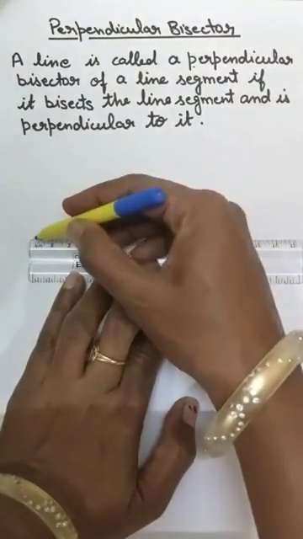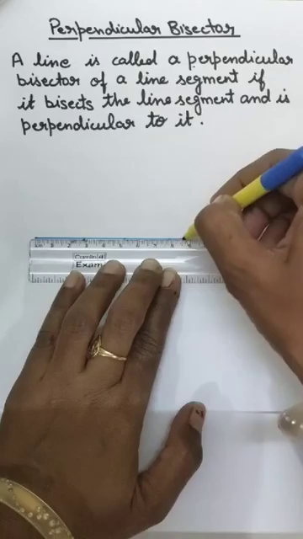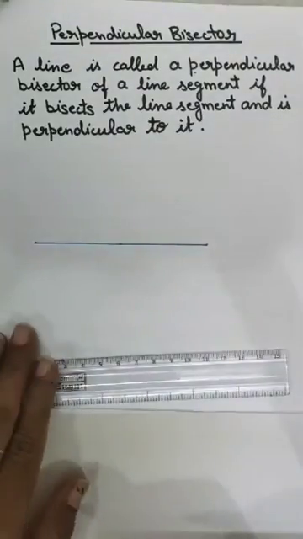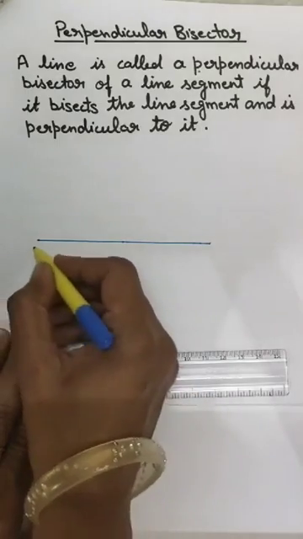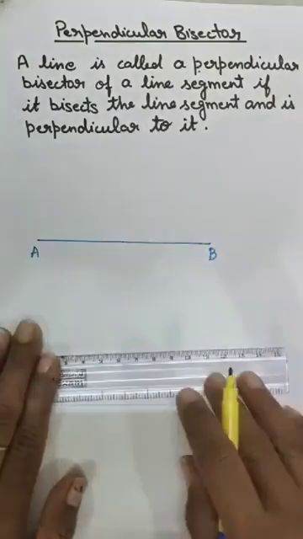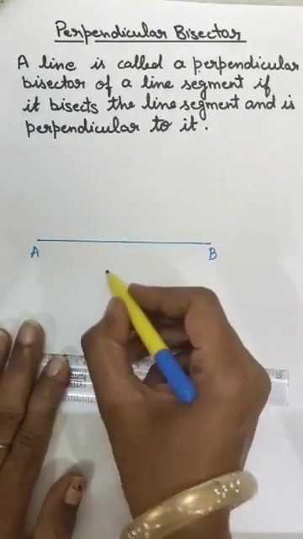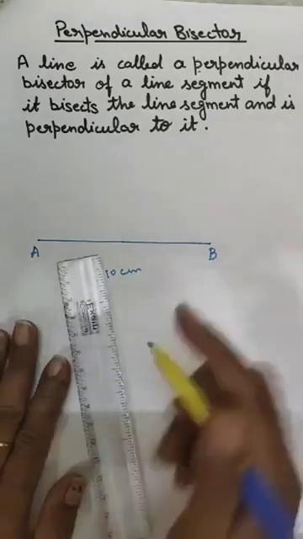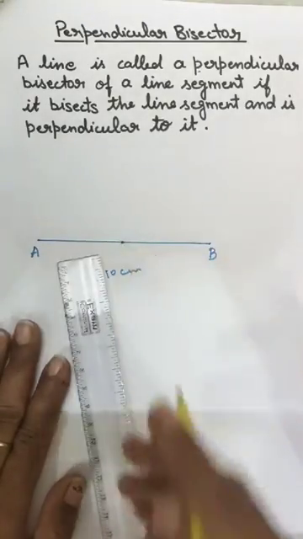See, this is a line segment AB, okay, of 10 centimeter. This is the midpoint of this line segment.